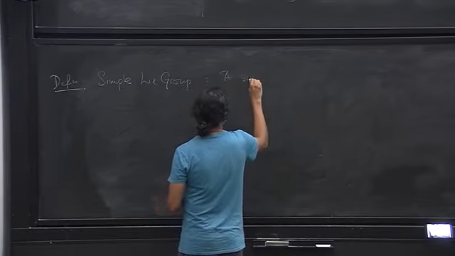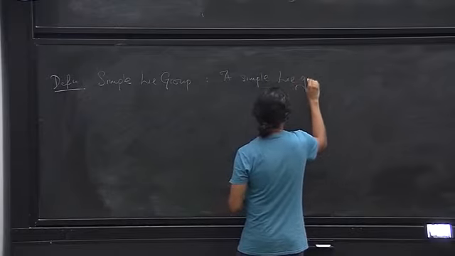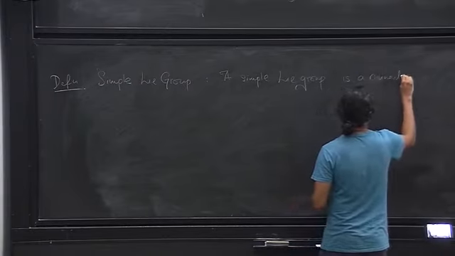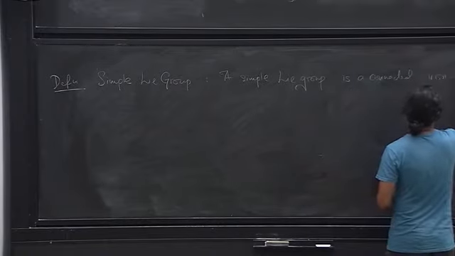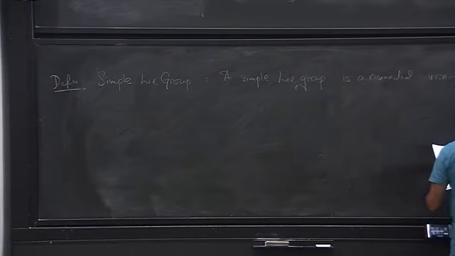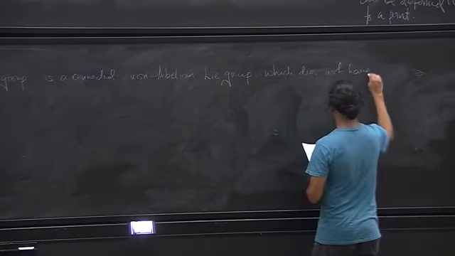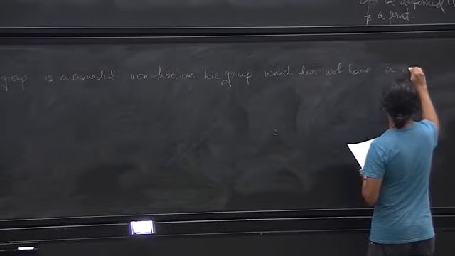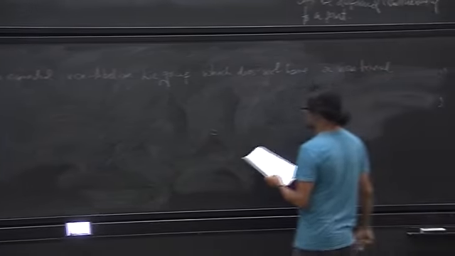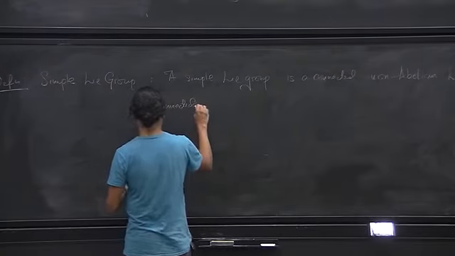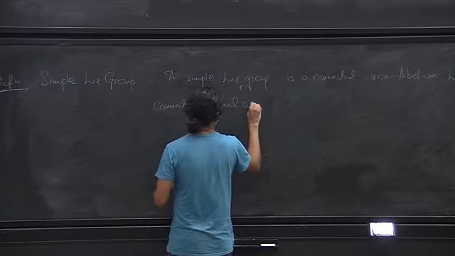So a simple Lie group is a connected, non-abelian Lie group which does not have a non-trivial, probably connected, normal subgroup.